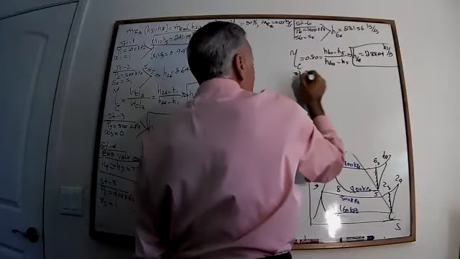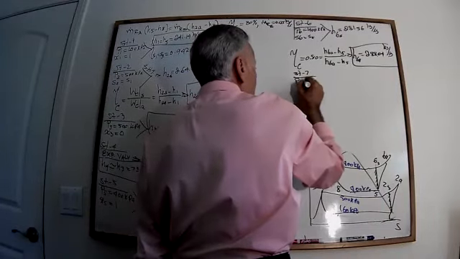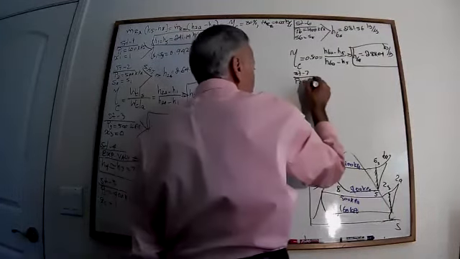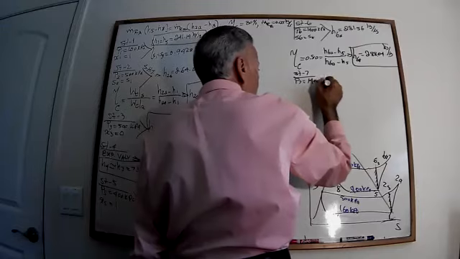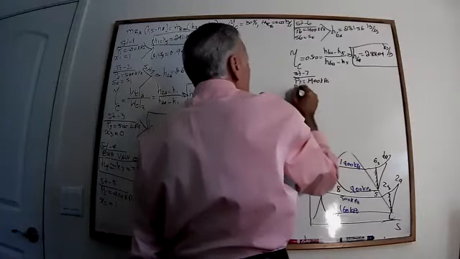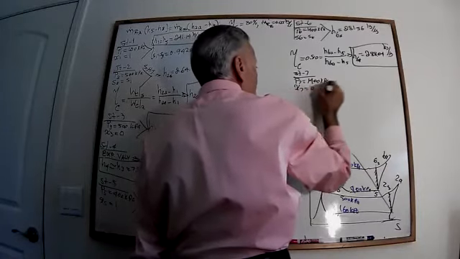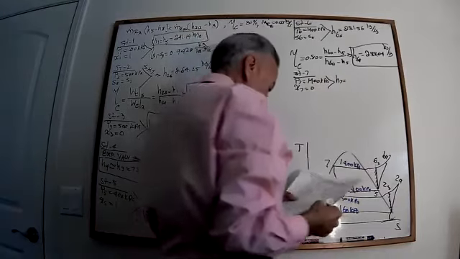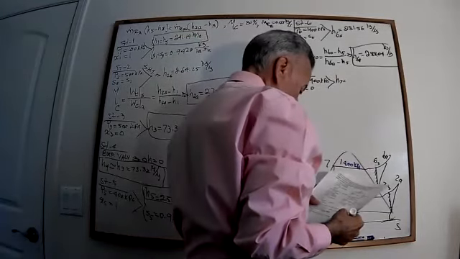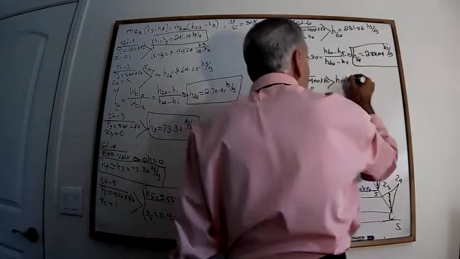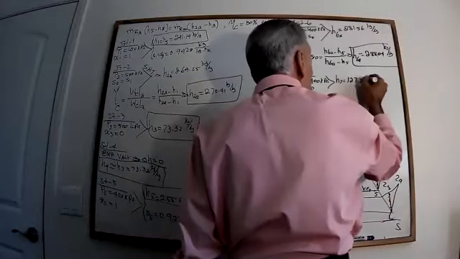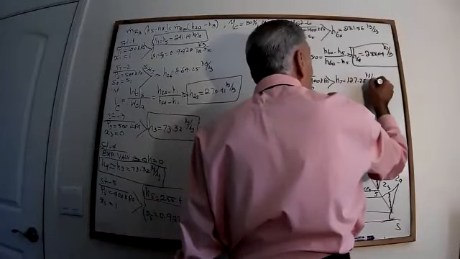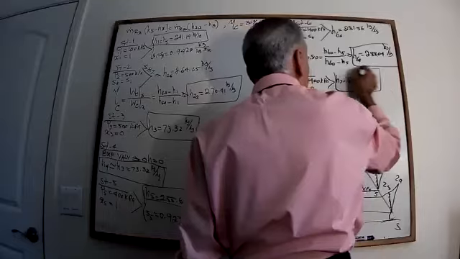Now, in state 7, I have P7 equal to 1400 kilopascal and X7 being equal to 0. So I can find the H7 value to be 127.25 kilojoule per kilogram.